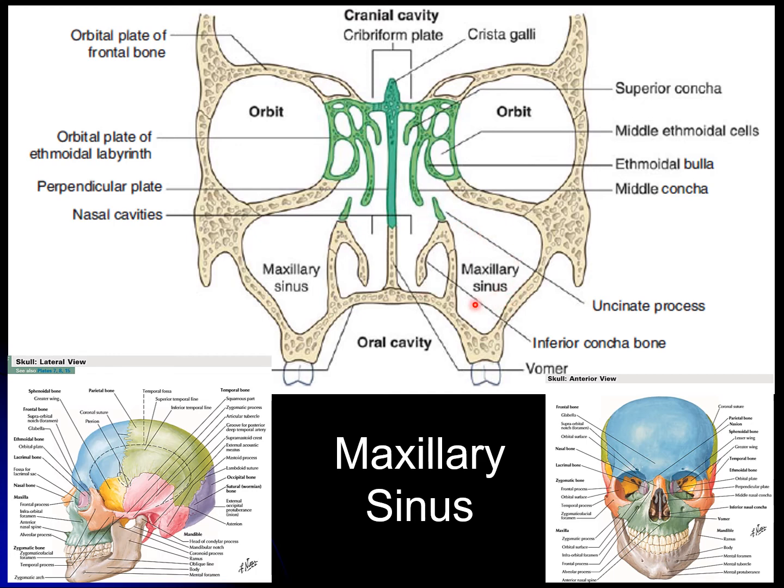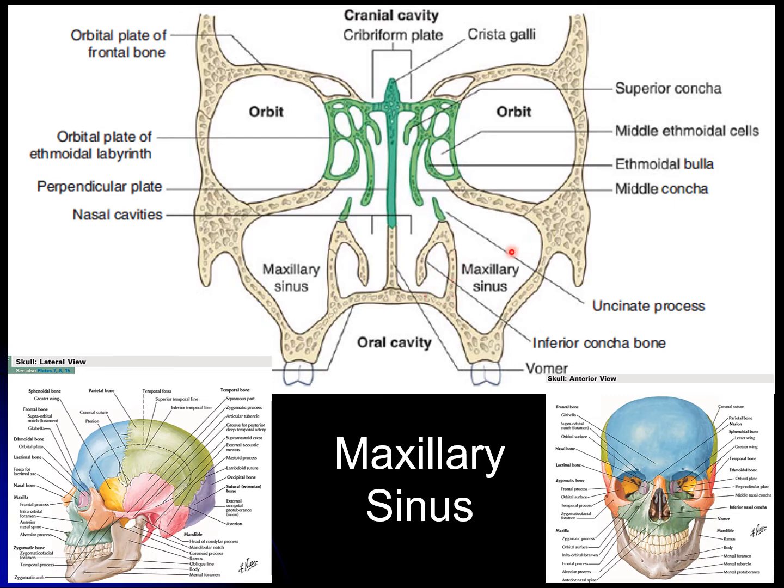If we talk about the boundaries, this portion which is towards the zygomatic bone is the apex of the maxillary air sinus, and the lateral wall lower part is the base. This is the apex of the sinus, and this lateral wall is the base of the sinus.